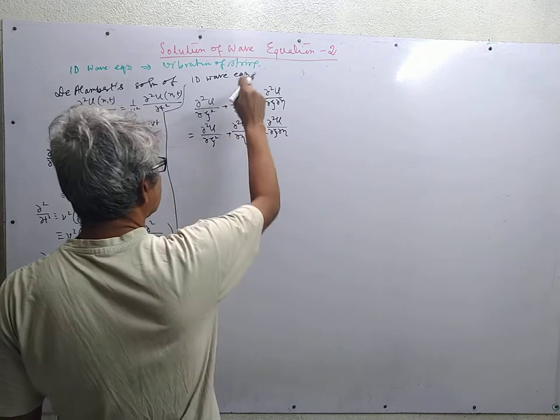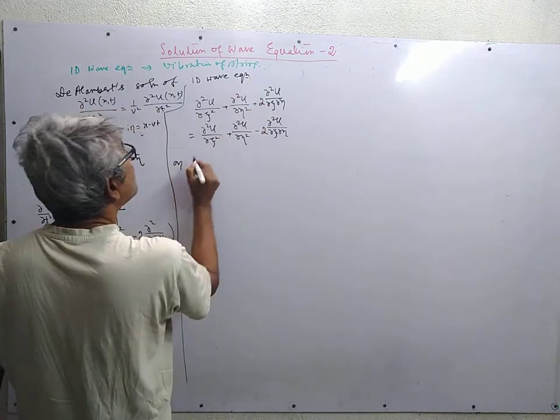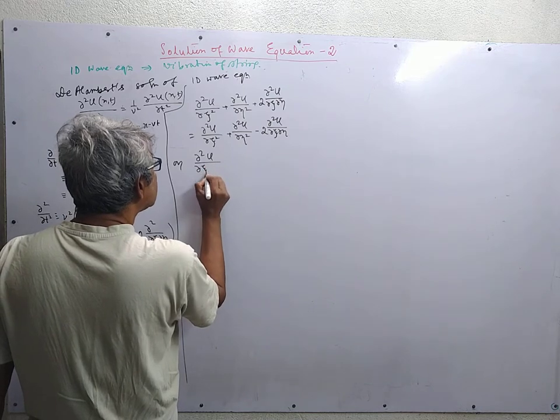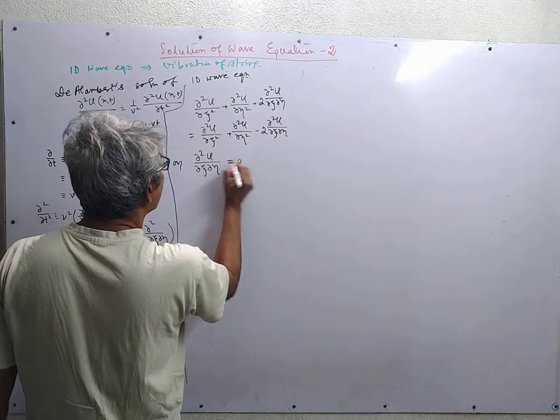This term cancels with this, and we have del 2u del xi del eta is equal to 0.